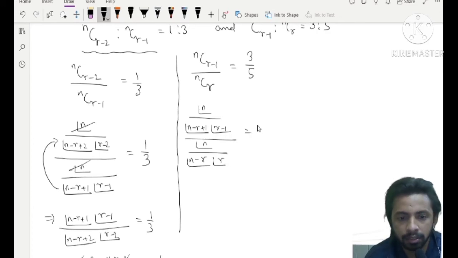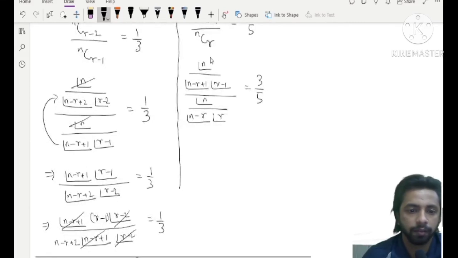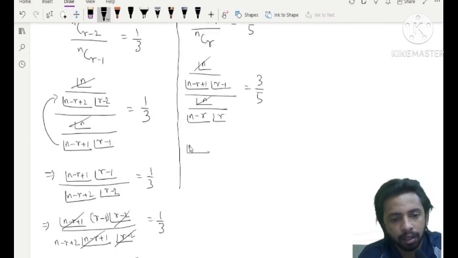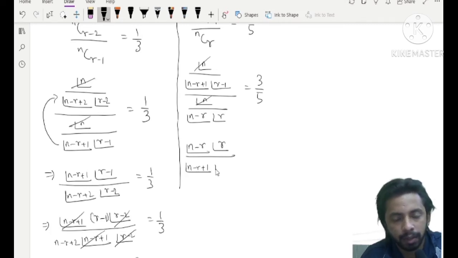This becomes 3 by 5. Factorial n after getting cancelled, factorial n minus r into factorial r by factorial n minus r plus 1 times factorial r minus 1.